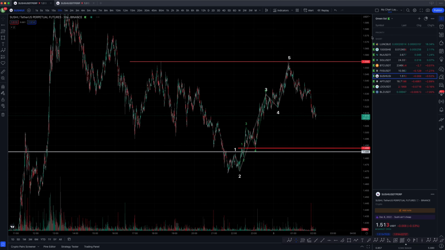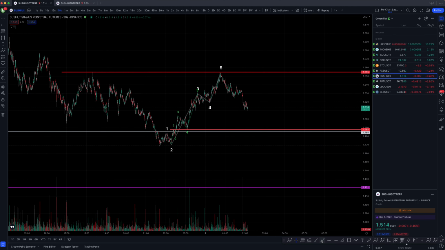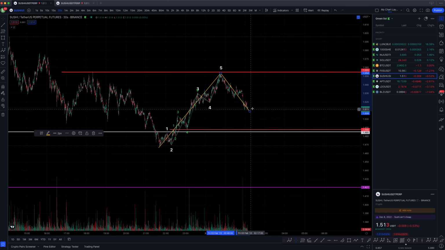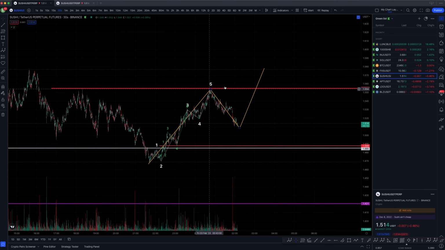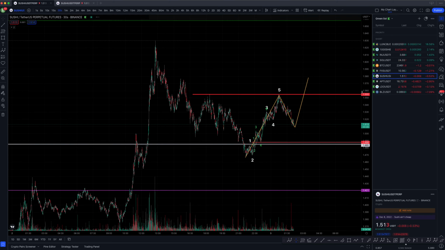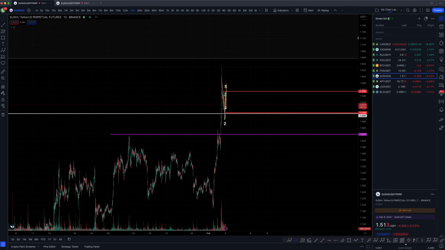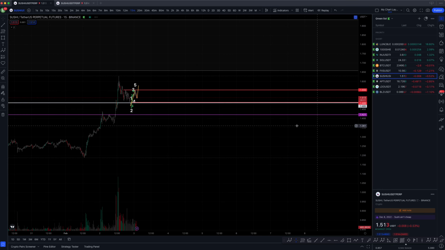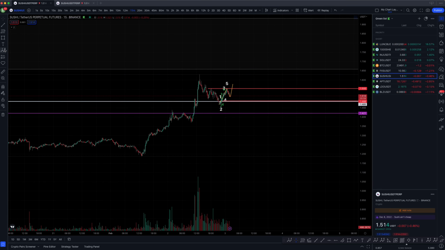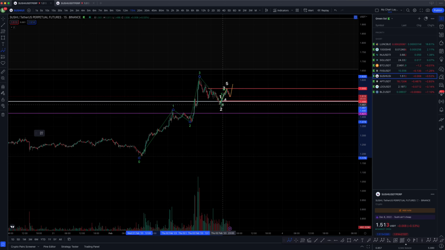So if this is 1 and we do not retrace it 100%, that means this is 1. We do not retrace it 100% and we break up. That's where I will try to find a long entry. Why? Because of that bigger structure. Because of this, then this is 1 2 3 4 and somewhere here is 5.